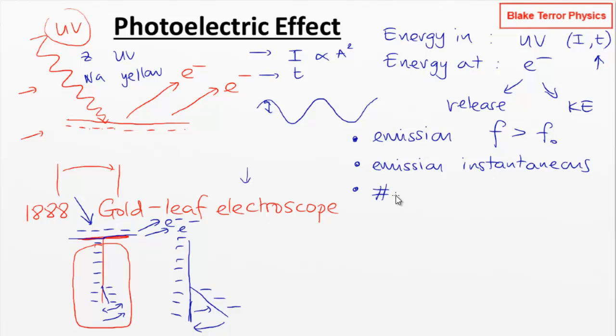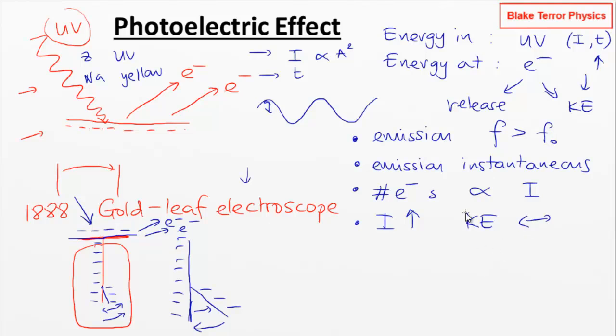Then we've got the rate of emission, which is essentially the number of photoelectrons. The number of photoelectrons is proportional to the intensity. So we're seeing here that the number of electrons is proportional to intensity, not the energy of the electrons being proportional to the intensity, because we're also seeing that if you increase the intensity of the incoming radiation, the kinetic energy of the electrons doesn't change.